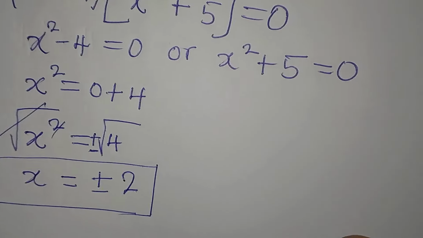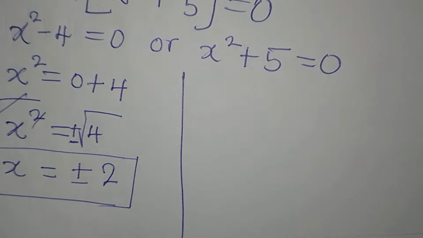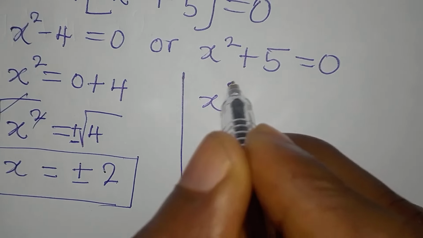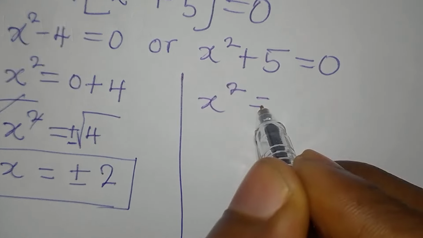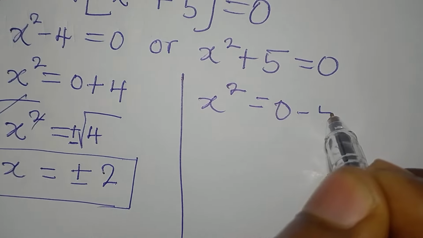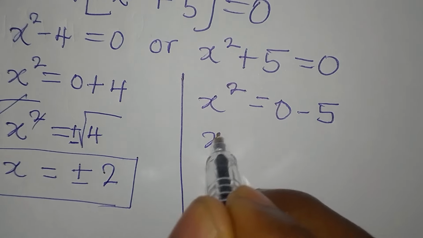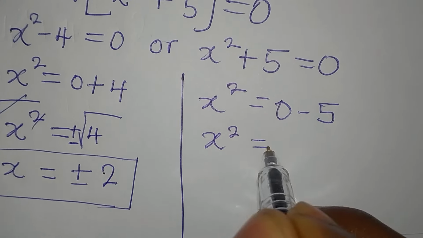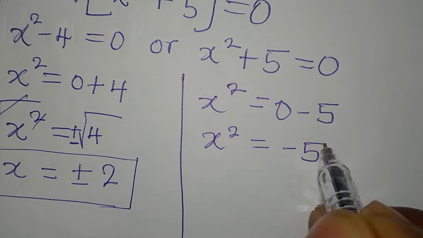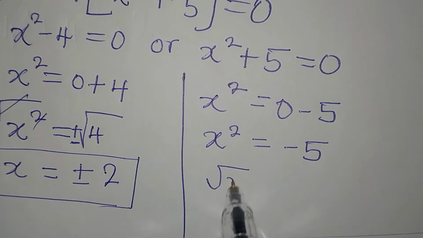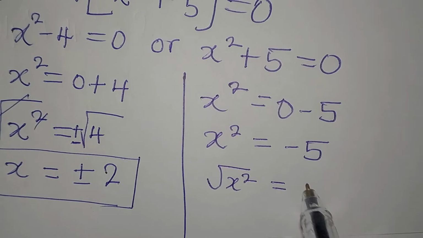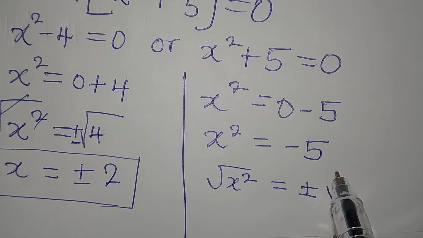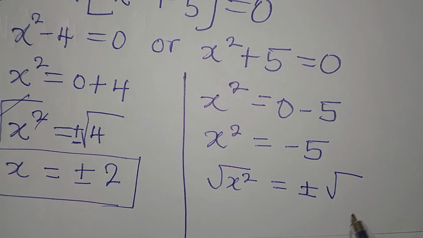Now we'll go over to this again. We will solve it. This is x squared equal to 0 minus 5. Then x squared is equal to minus 5. Then we'll take the square root of both sides, plus or minus.